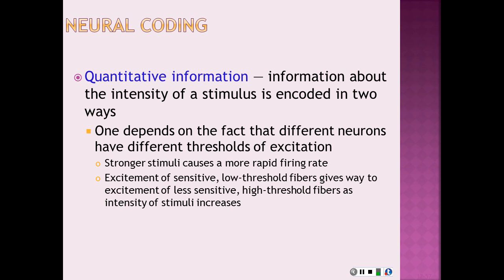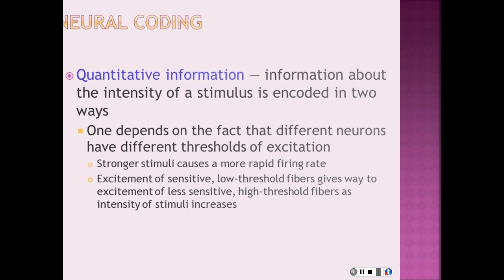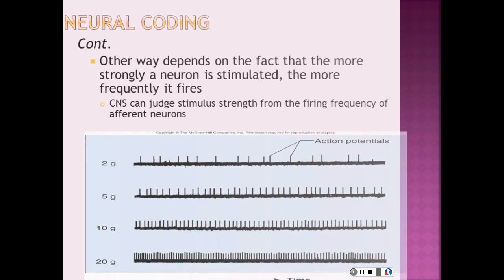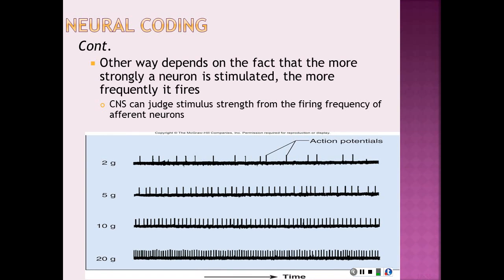So it's all going to depend on which ones are going to fire, and of course how many are firing. Another mechanism depends on the fact that the more strongly a neuron is stimulated, the more frequently it's going to fire, so that the nervous system can judge stimulus strength from the firing frequency of afferent neurons.